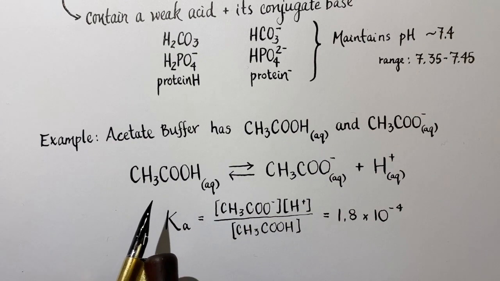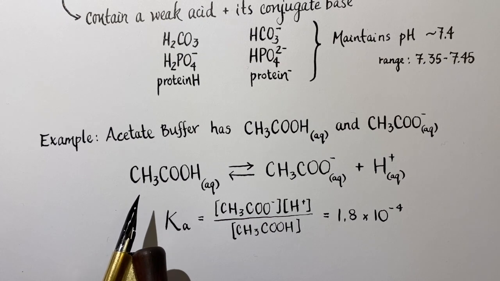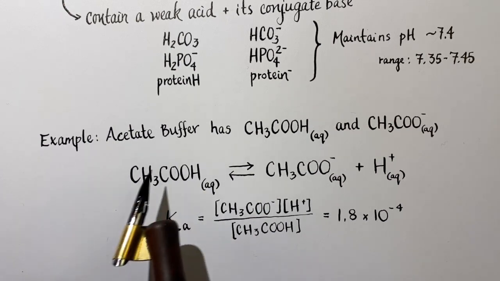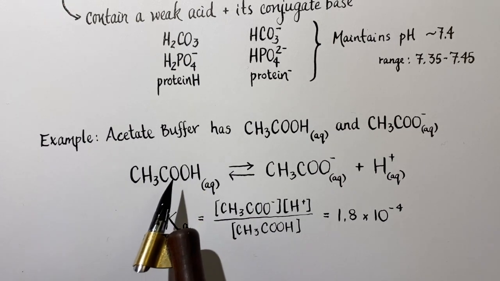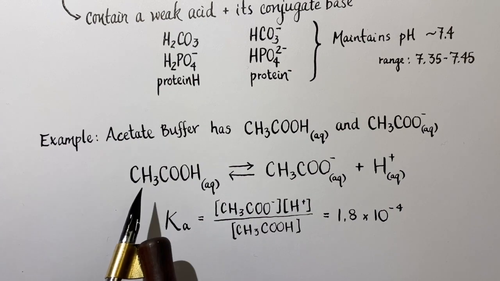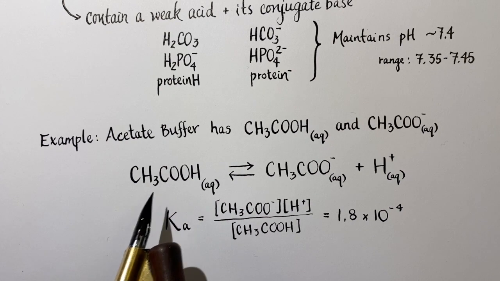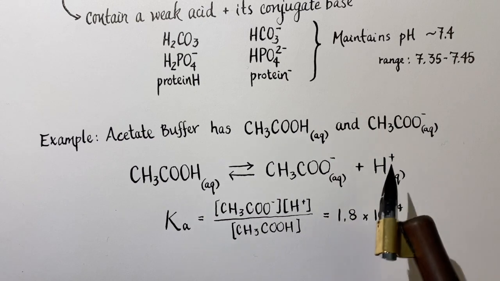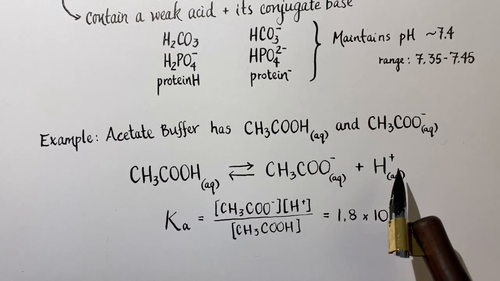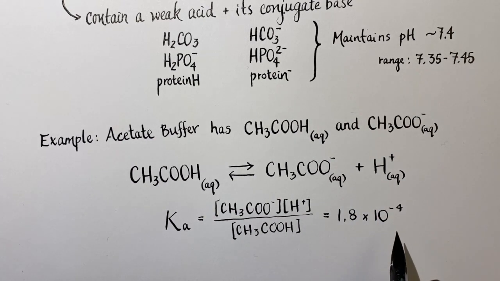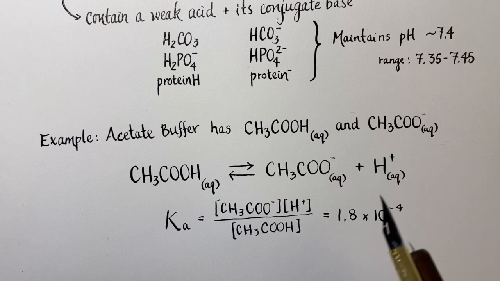But one of the ways that we generally define a weak acid is that closer to 95%, 90%, 99%, around there stays the molecule, and only a small percentage of hydrogen ions are released.